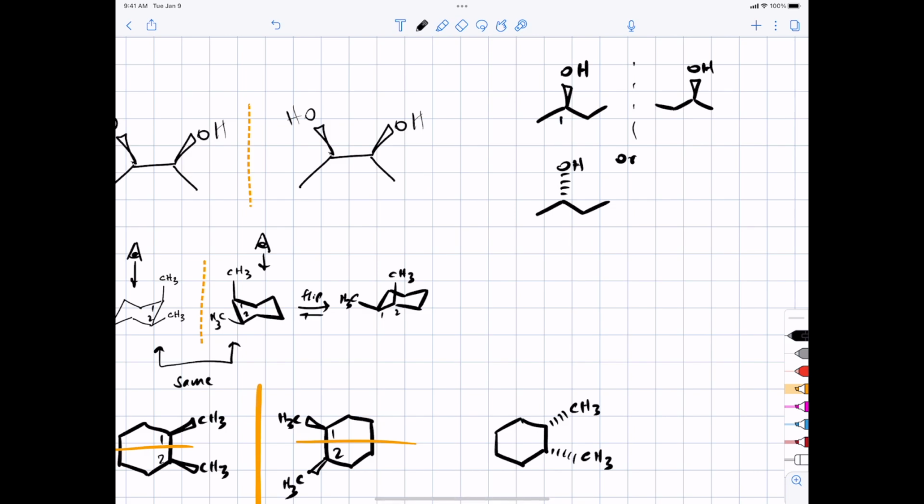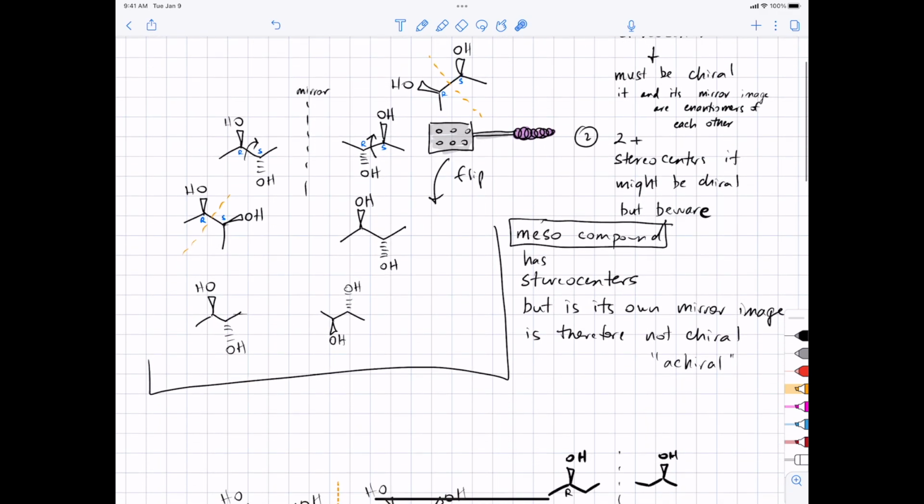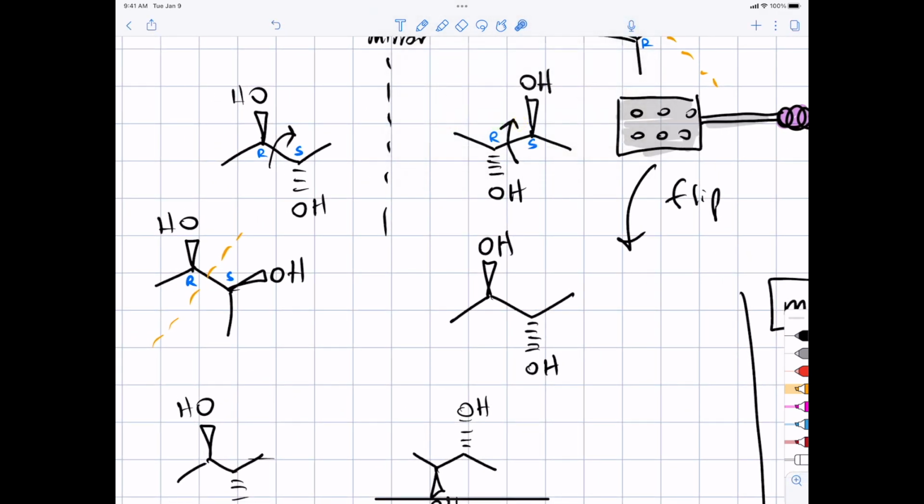So this stereocenter is R, this one is S. So one way you can recognize enantiomers is they will have opposite configuration at each and every stereocenter, but watch out for the meso compound. Because with the meso compound I just demonstrated last time, you've got opposite stereochemical configuration at each stereocenter, and yet they are the same molecule because of the mirror plane of symmetry.